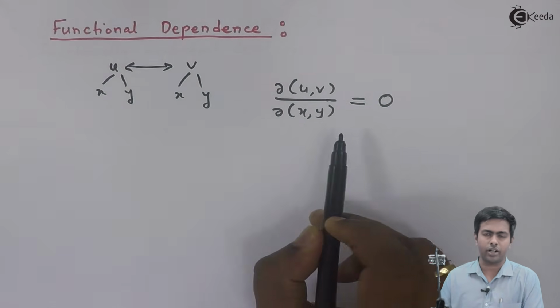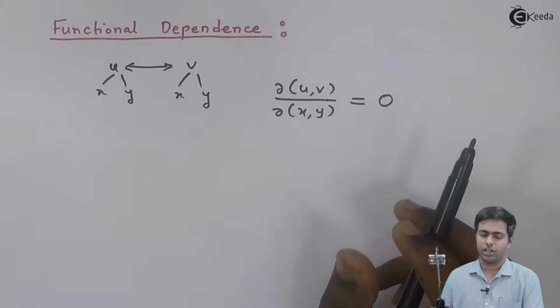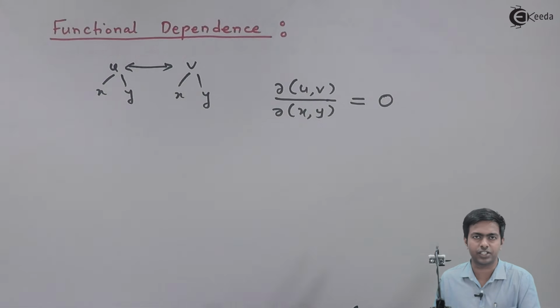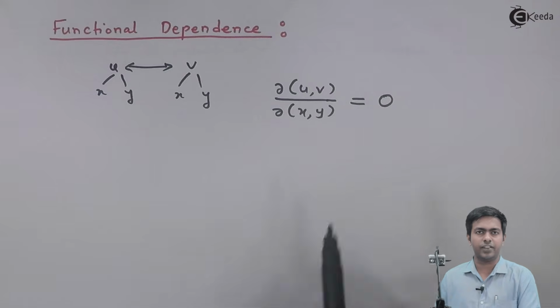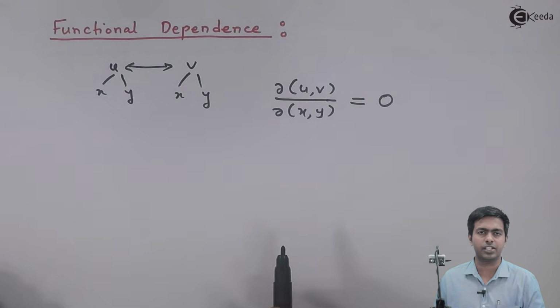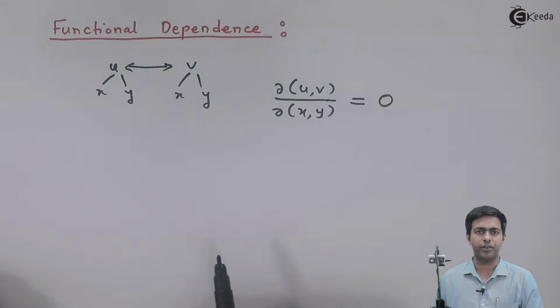But if we are not getting 0, then we say no, they are not functionally dependent. And if they are functionally dependent, then we can definitely find the relationship between u and v.